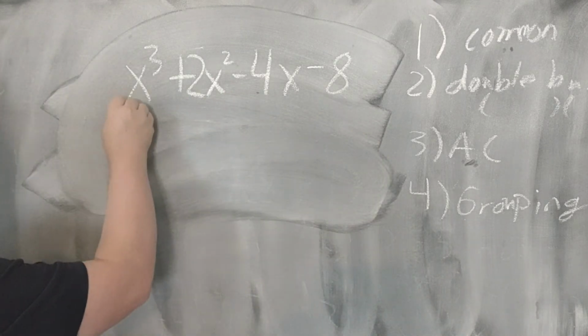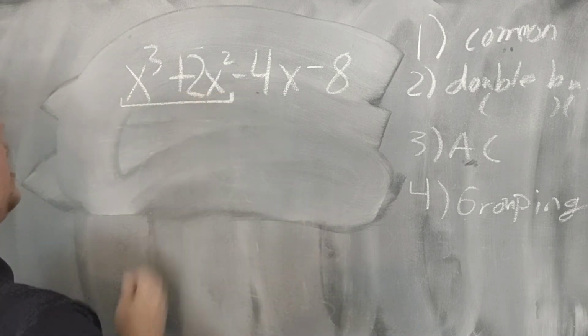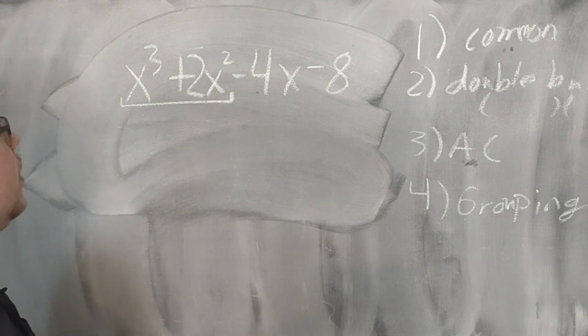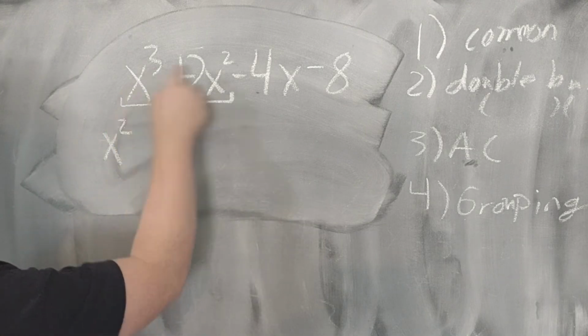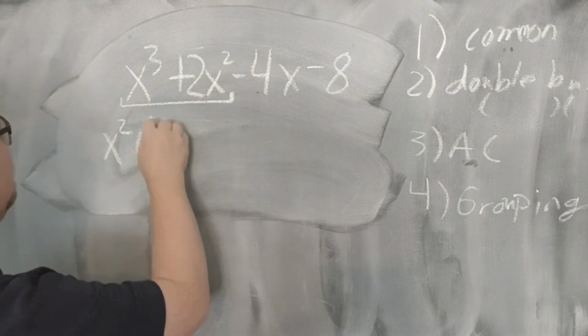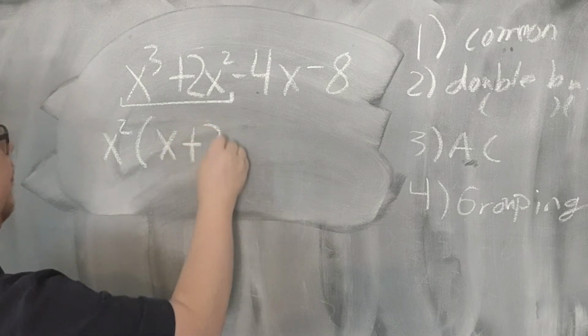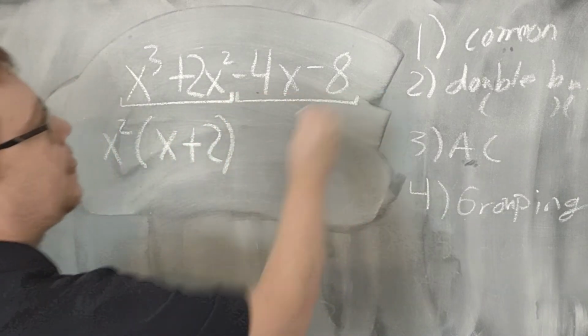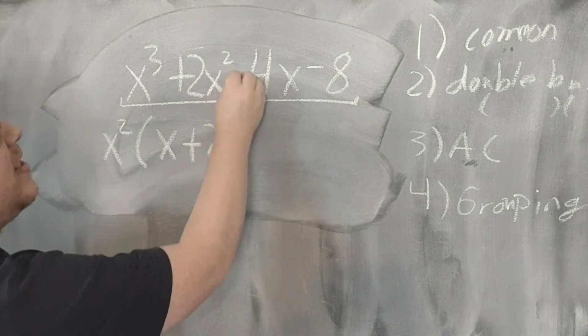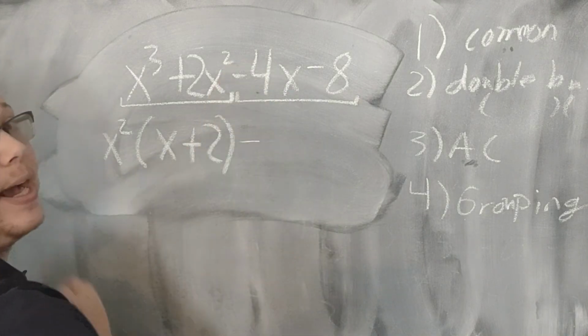So if I look at just the first two terms and say, well, what's common? That would be x squared, because there's two x's in both parts. I'm left with just x plus 2. And then for the second two terms, I'm going to pull out a negative, because anytime this is negative, I'm going to pull that out.